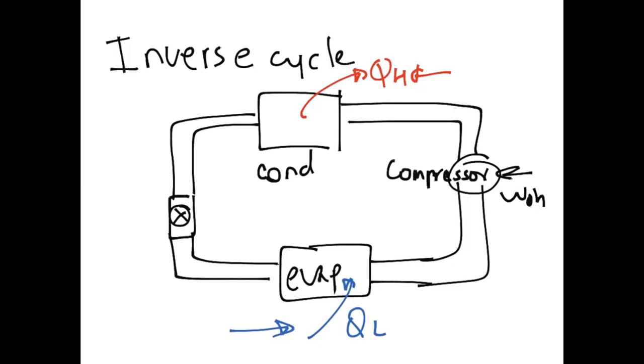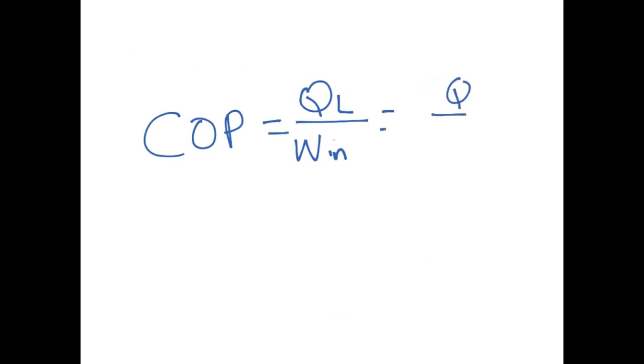Instead of analyzing the efficiency, you need to analyze the COP. You can have a COP for a refrigerator. What is the COP for the refrigerator? It's the amount of lower temperature heat over the amount of work that you have to input to the system, and you can state this equation like this.